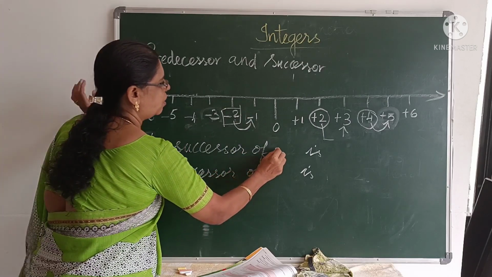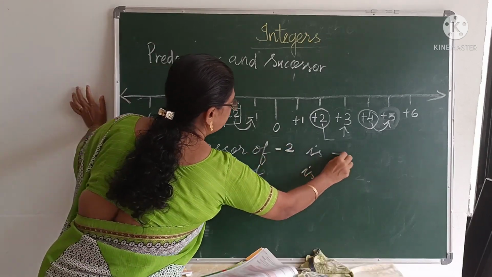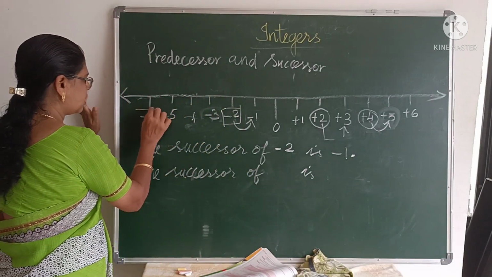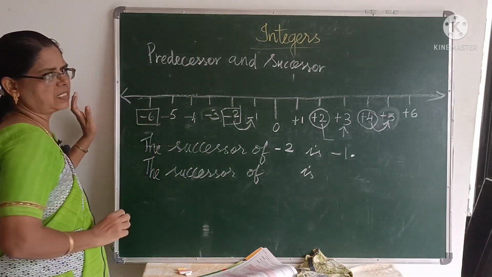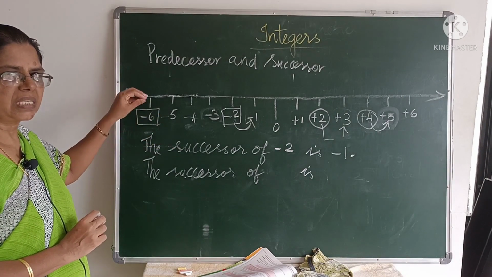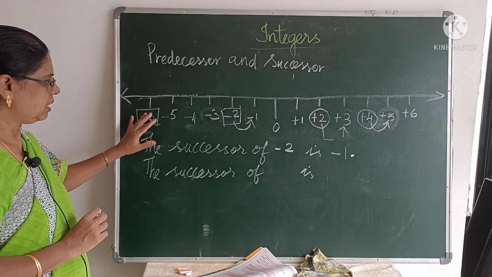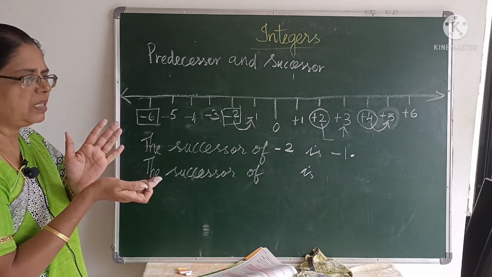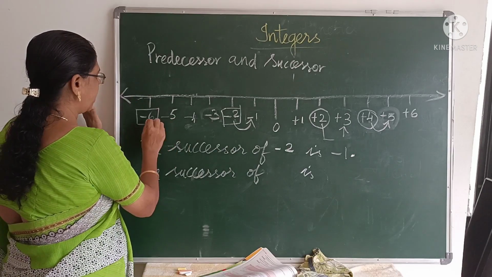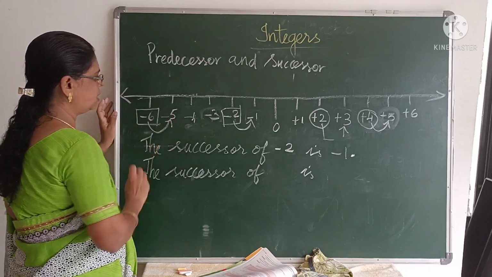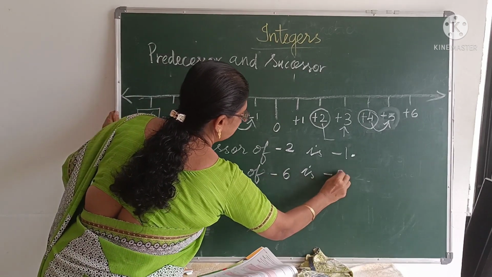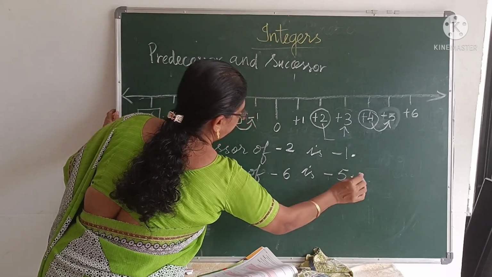So the successor of minus 2 is minus 1. Which is the successor of minus 6? Just look at the right of it. So which integer is just right of minus 6? It is minus 5. So the successor of minus 6 is minus 5.